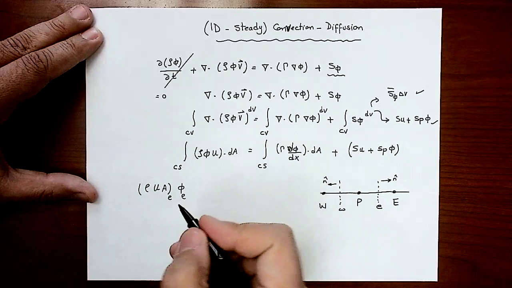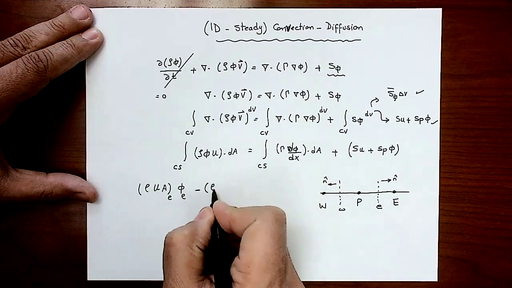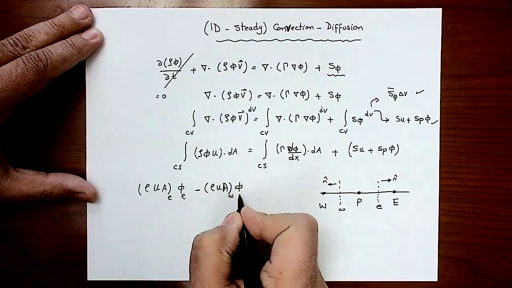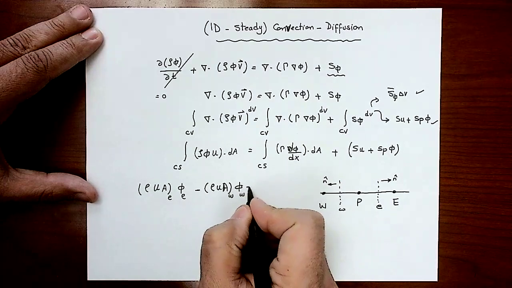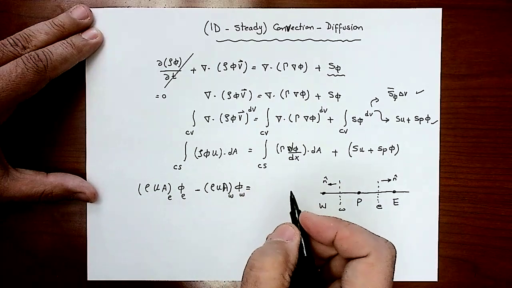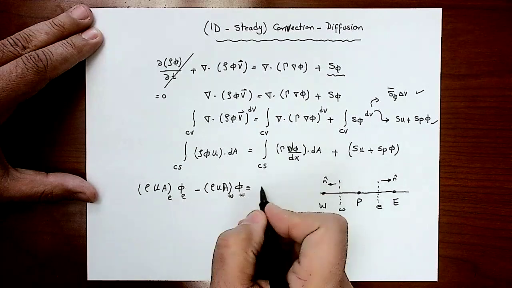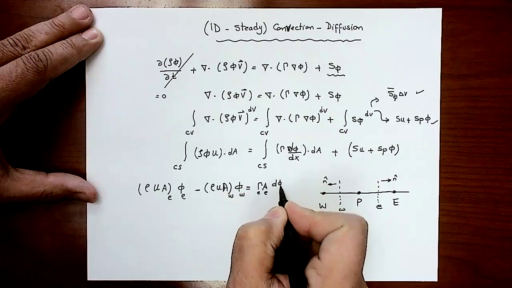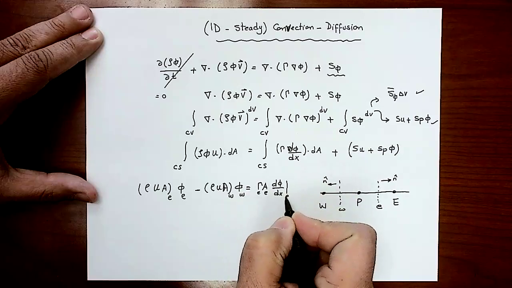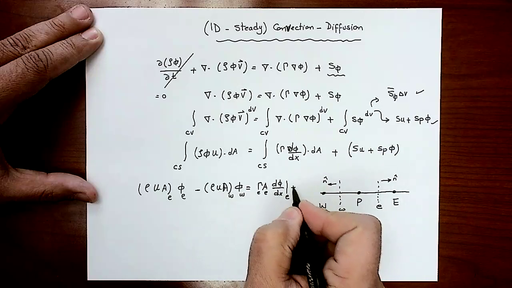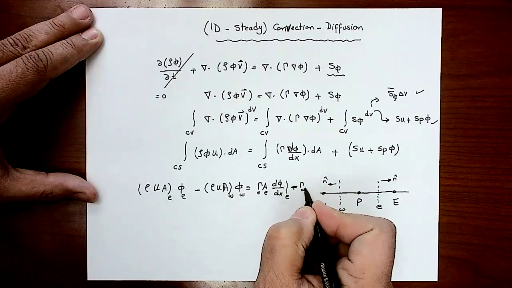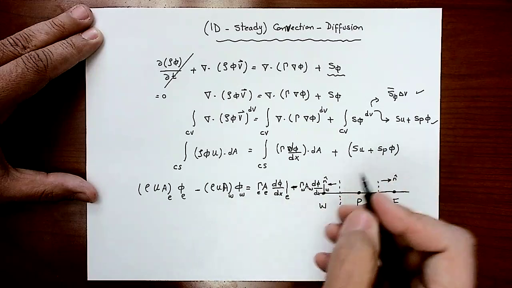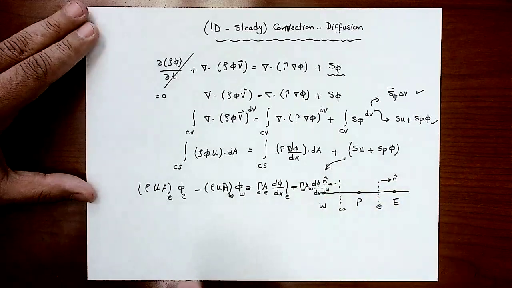I'm just recapping what we did in the previous one, minus rho UA at the west multiplied by phi at the west, equal to kappa times A at the east, d phi by dx at the east, minus kappa west, A west, d phi by dx at the west, plus the source term added to it.